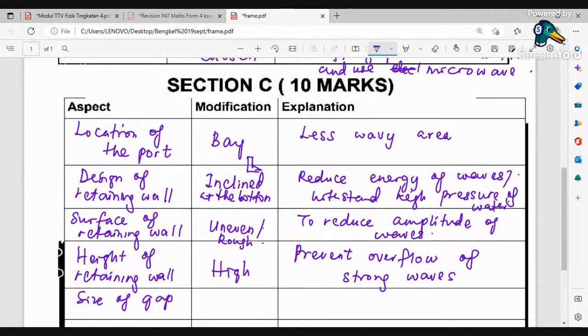Okay, size of gap must be smaller to increase diffraction effect.